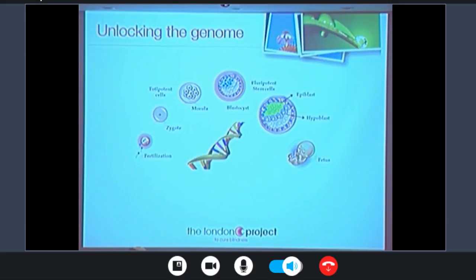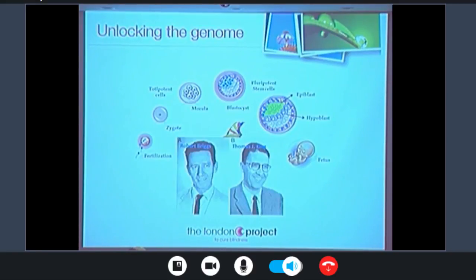But there was a dogma in the late 50s by Briggs and King, 2 American scientists, who believed that that blueprint, that pathway to our development, was lost once we were born. So once we were born, how those genes interacted, that blueprint of how we develop, was lost.